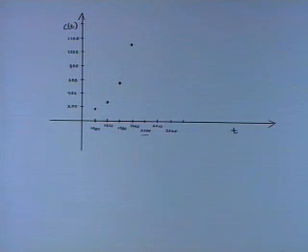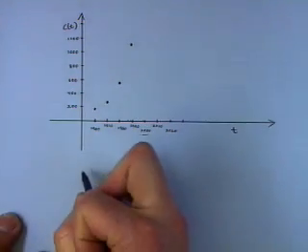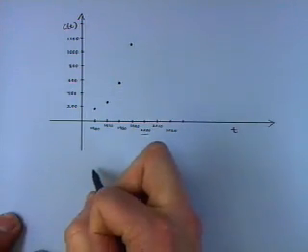Now the problem is we don't have a function, we don't have a tangent line at 1990. So we want to approximate the c of t. Let's just do this.